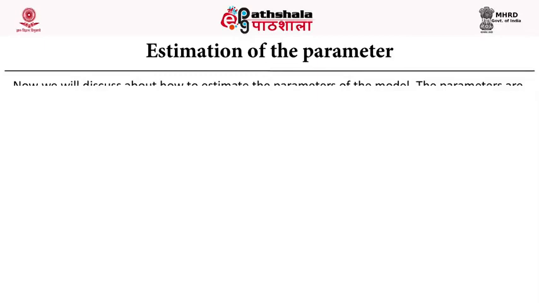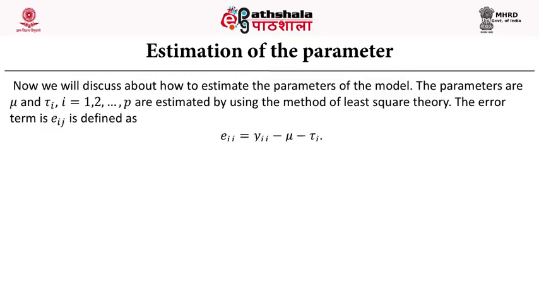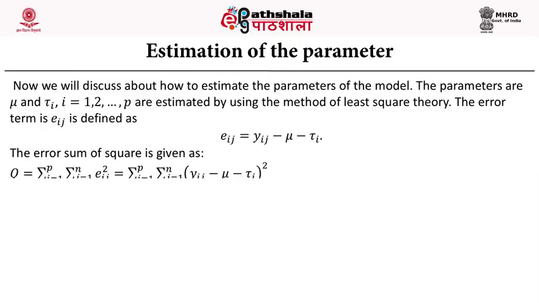Now the next section is how we can estimate the parameters, and it is very essential that you know how the parameters are estimated in the model. Now we will discuss how to estimate the parameters of the model. The parameters are mu and tau i, where i varies from 1 to p, and they are estimated using the method of least squares.